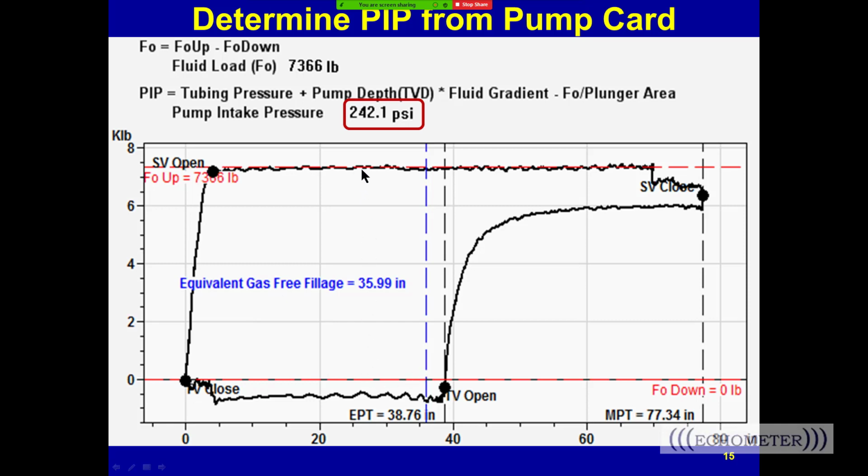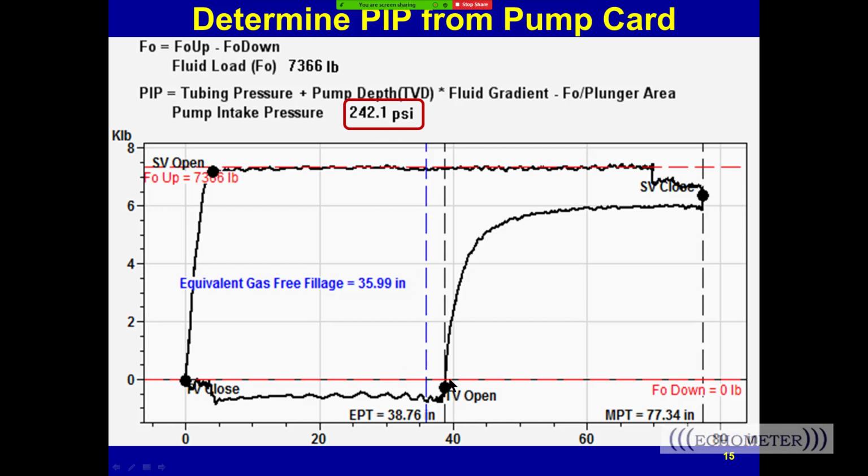And it takes the height of the pump card based on FO up minus FO down. That becomes a fluid load, and then it calculates the intake pressure. So we use this pump card height and the FO up line, FO down line to calculate the pump intake pressure.